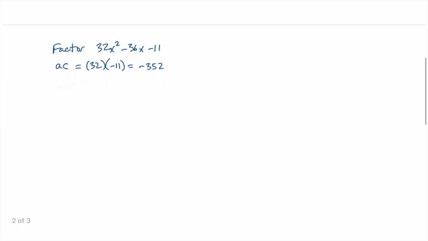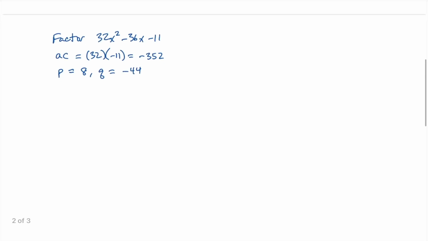I use the calculator to figure out what pair, when added, make minus 36. And I found P is 8 and Q is minus 44. The smaller number always goes with P, and we don't take the sign into account. So the sign doesn't matter. The smaller number always goes with P.